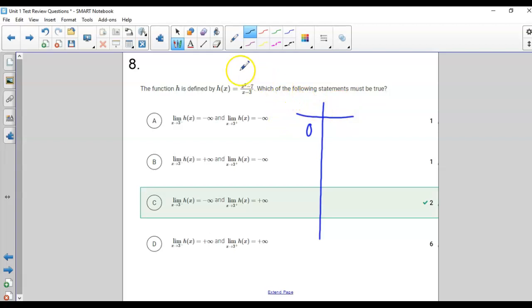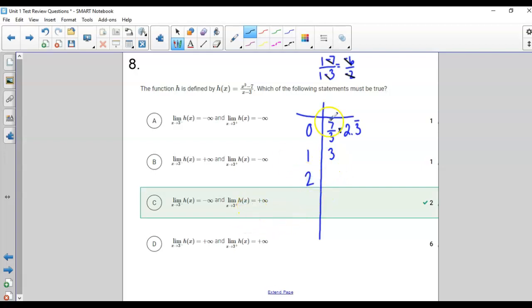So if we plug in 0, we're going to get negative 7 over negative 3, so 7/3, or I could make that 2.3 repeating. If I plug in 1, I'm going to have 1 minus 7 over 1 minus 3, and that is going to give me negative 6 over negative 2, which is going to give me 3.